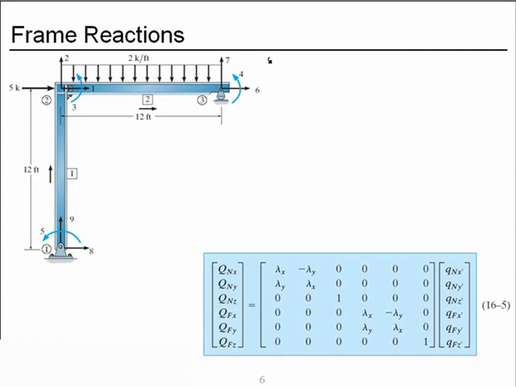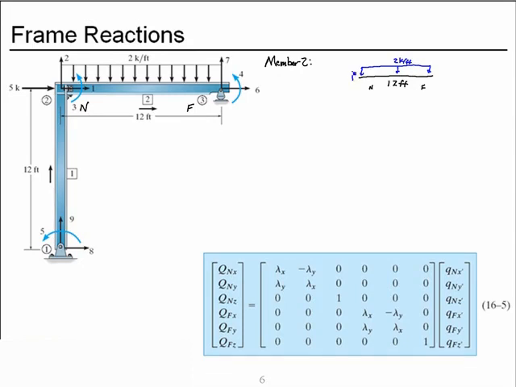Now member 2. Draw a free body diagram. Member 2 is 12 feet long, has a uniform distributed load of 2 kips per foot. The near node is node 2, the far node is node 3, so the near node is at the left end and the far node is at the right end.